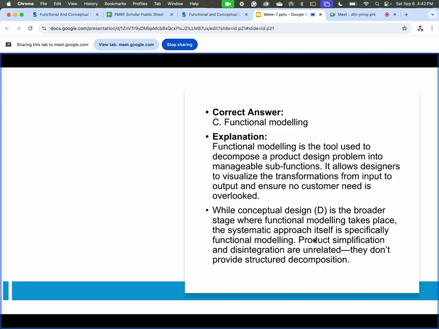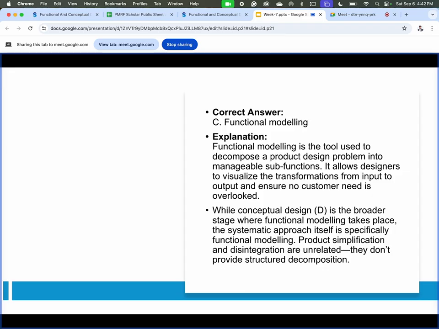You may go through it yourself. I have written here briefly that functional modeling is the tool used to decompose a product design problem into manageable functions, and it allows the designers to visualize the transformations from input to output and ensure no customer need is overlooked.